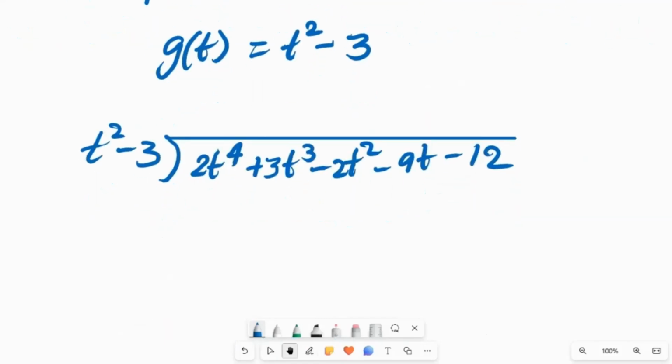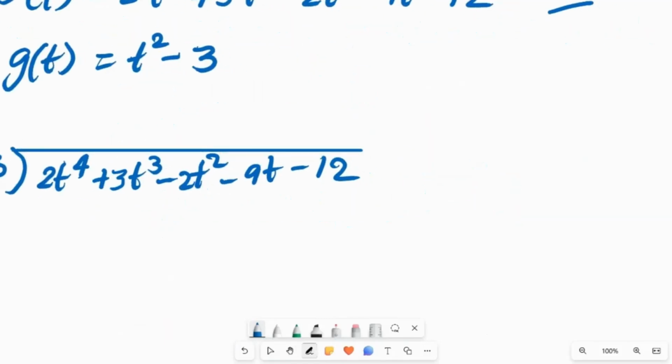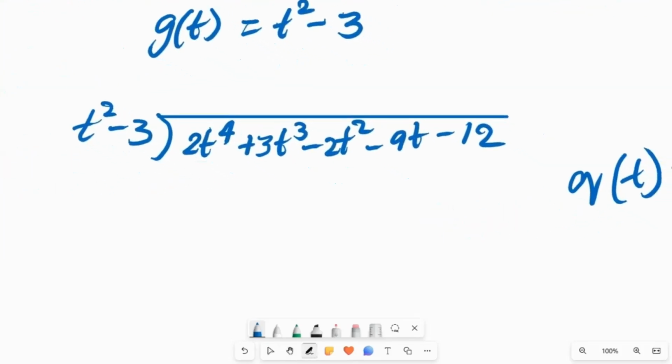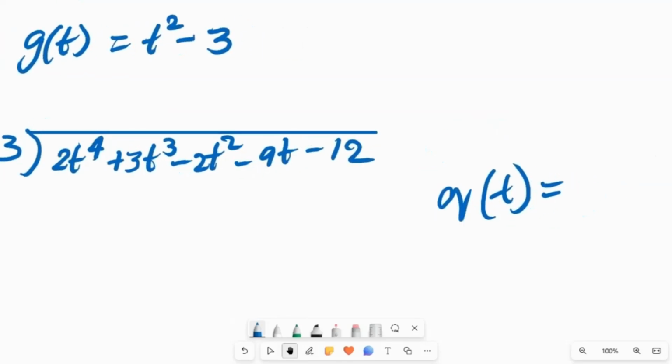So in this case, let's write the quotient here at the side. Q of t is equal to, so a term to be multiplied to the first term of g of x to get the first term of p of x. So we have g of t here, t square is the first term, and I have to multiply something to get 2t power 4. So I would multiply 2t square.